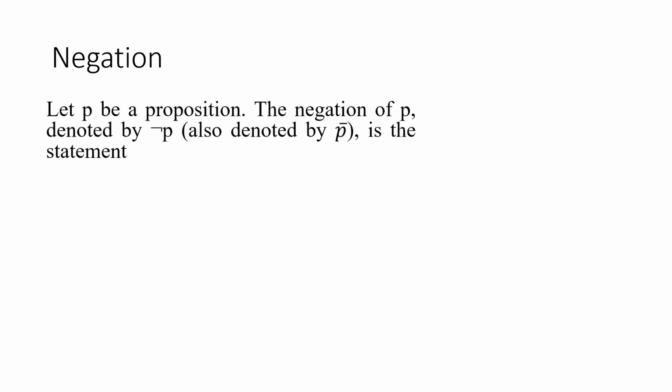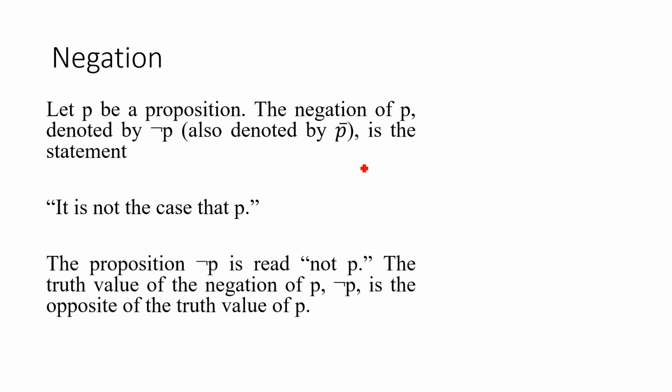Now let's have negation. Let P be a proposition. The negation of P, which is denoted by this symbol, or also by another symbol, is a statement that can be read as "it is not the case that P."